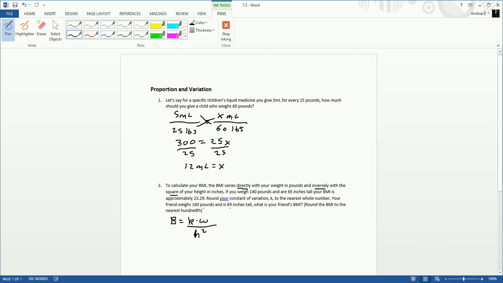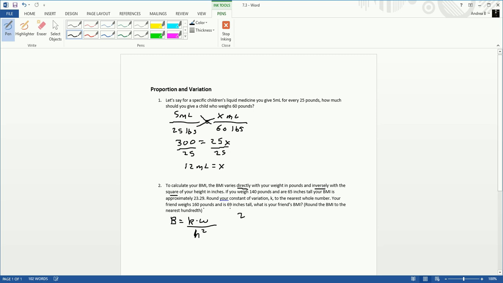We have, if you weigh 140 pounds and are 65 inches tall, your BMI is approximately 23.29. So we can use the information in that sentence here to go through and solve for our K next.